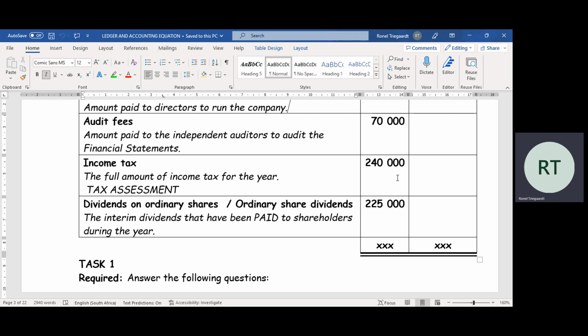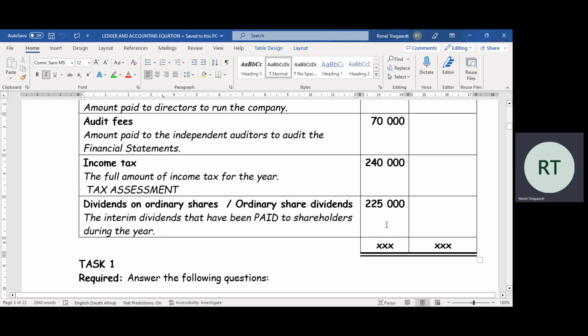And then the last one is either dividends on ordinary shares or ordinary share dividends, ordinary share dividends or dividends on ordinary shares. It depends on what the question paper uses, then you must use that. I like ordinary share dividends, but I see sometimes they use dividends on ordinary shares. Same thing, just a different name. Okay?